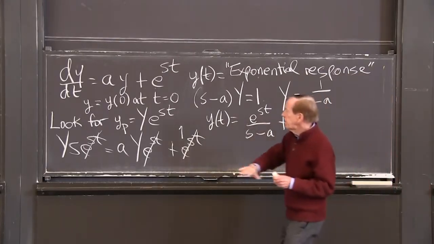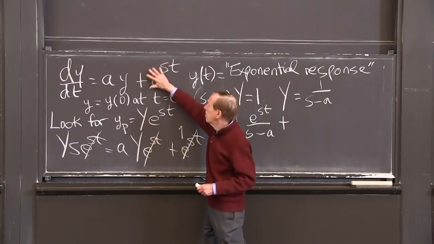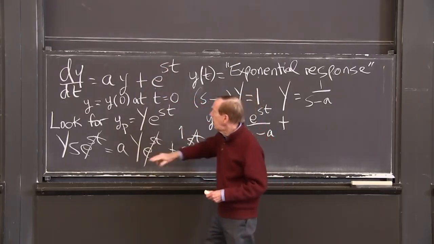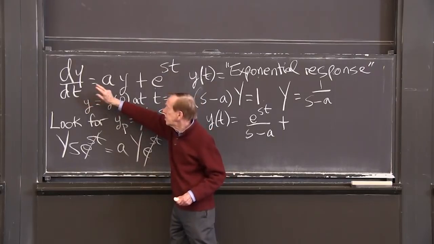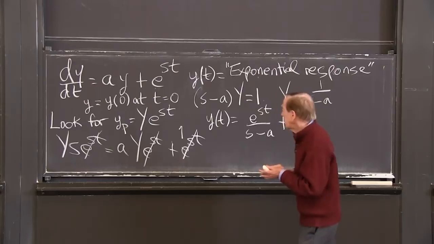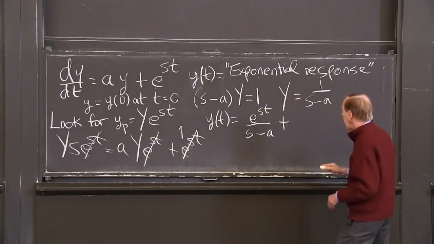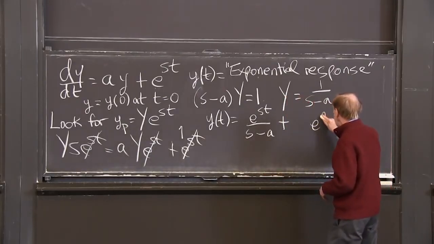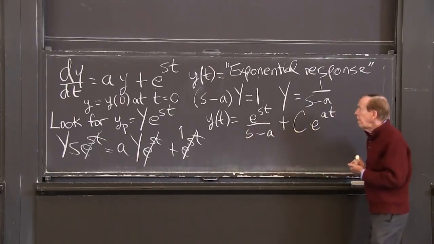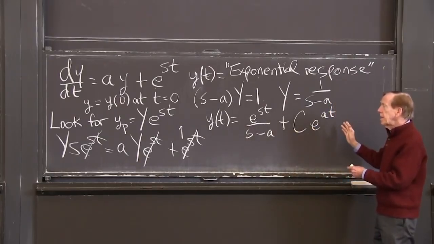Remember, for the null solutions the source is 0, that's why the word null. So I'm looking for the solution to dy dt equal ay, and the solutions to dy dt equal ay are e to the at times any number, because the right-hand side is 0 now.